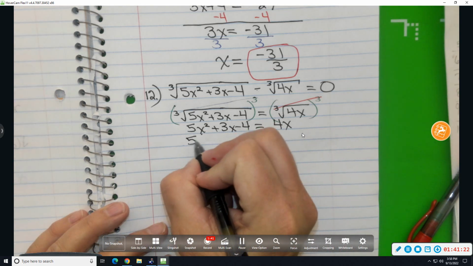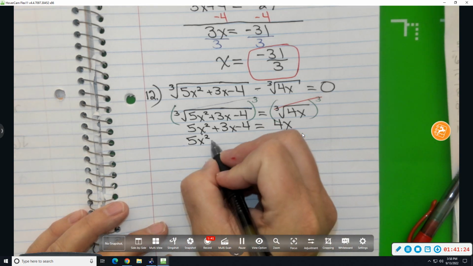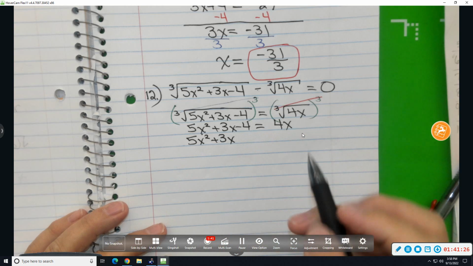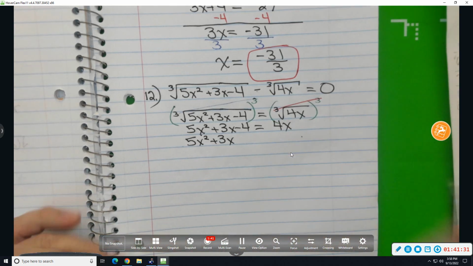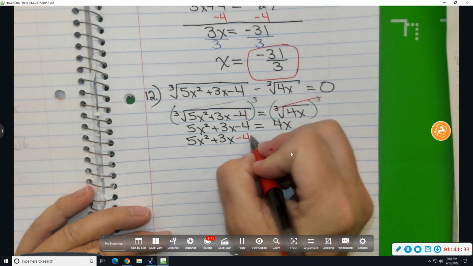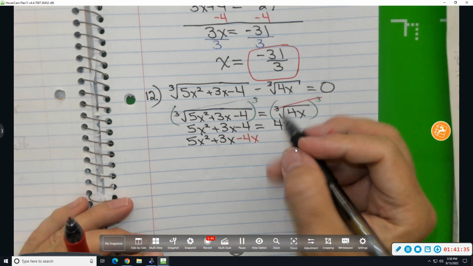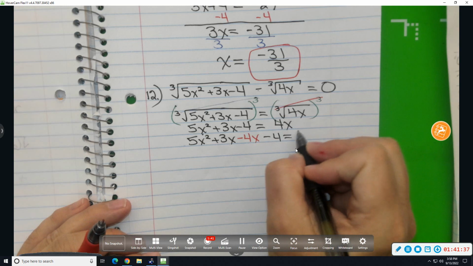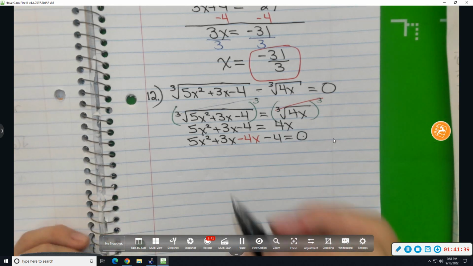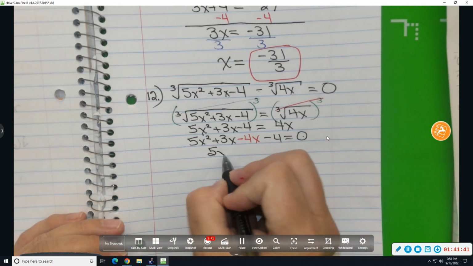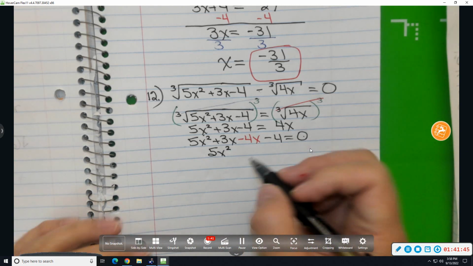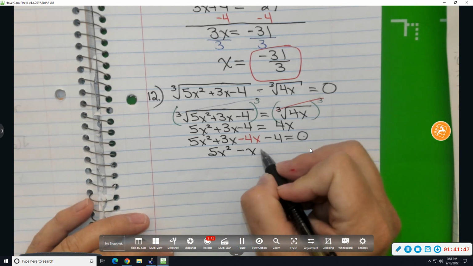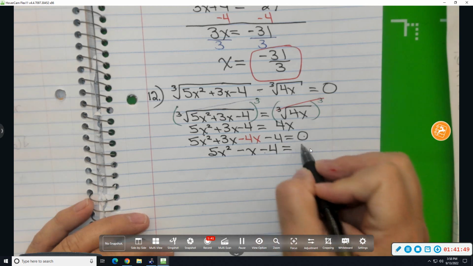So we have a positive 5x squared plus 3x, I'll just write out the minus 4x, and we have that minus 4 equals 0. So what's that going to give us? A 5x squared, 3x minus 4x gives us a negative 1x, minus 4 is equal to 0.